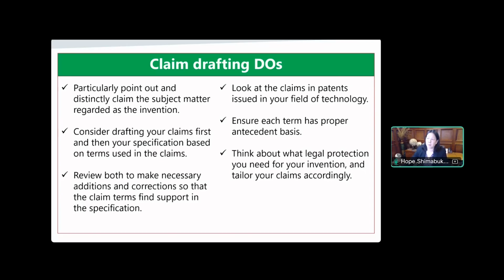So in summary, some do's and don'ts, starting out with the do's listed here. Particularly, point out and distinctly claim the subject matter regarded as the invention. Consider drafting your claims first and then your specification based on the terms used in the claims.